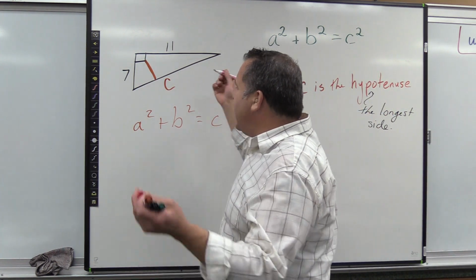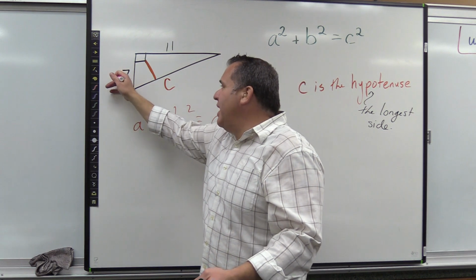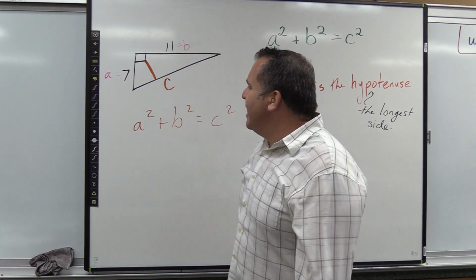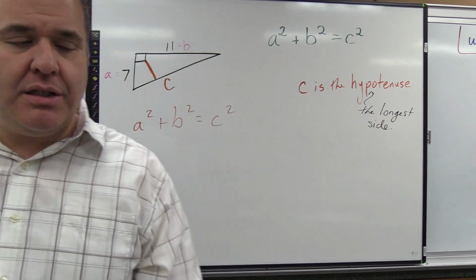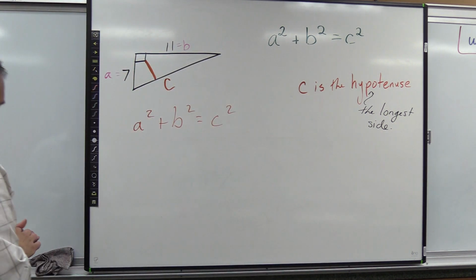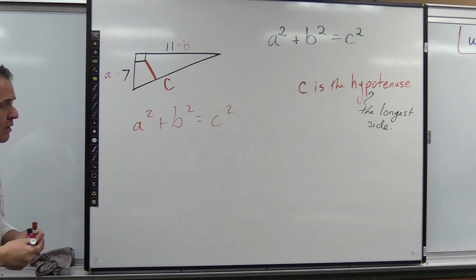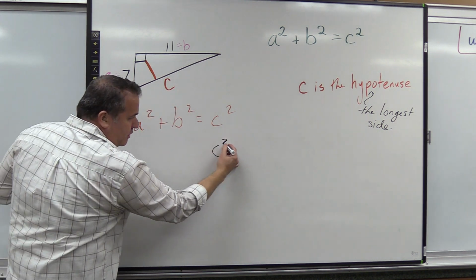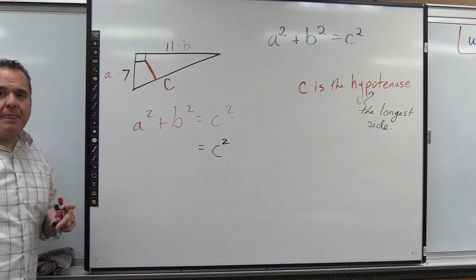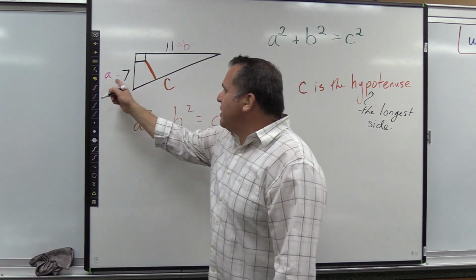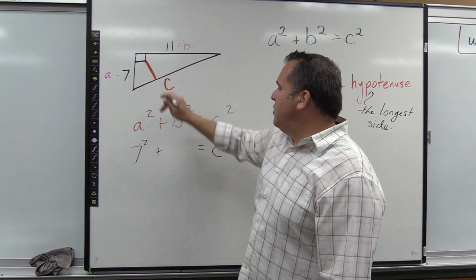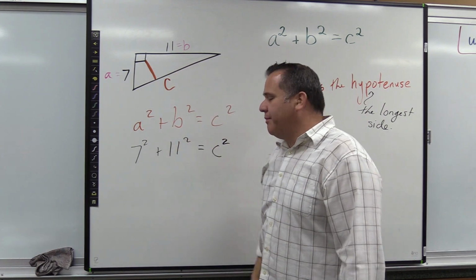So let's just say this is going to be A just because I want to, and let's say this is B. We don't know what C is, so I'm going to bring C just down. C squared equals. Now, we said that A is equal to 7, so I'm going to put 7 squared here. And I said that B is equal to 11. I'm going to put 11 squared here.